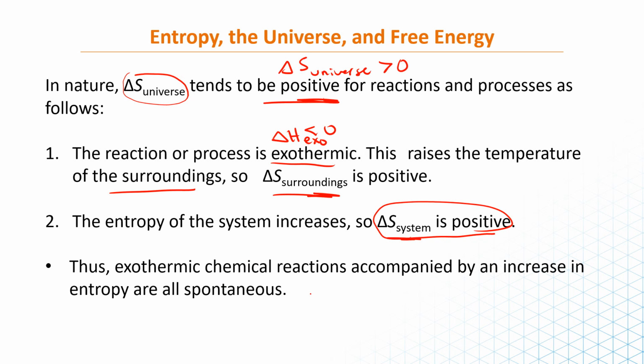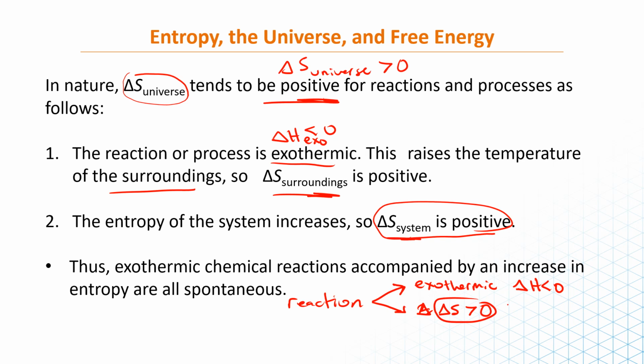What does this mean? It means if a reaction is, what? If a reaction is exothermic, okay, meaning delta H less than 0, and the delta S is bigger than 0, meaning the entropy is up.